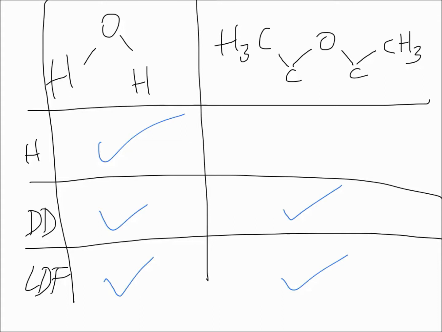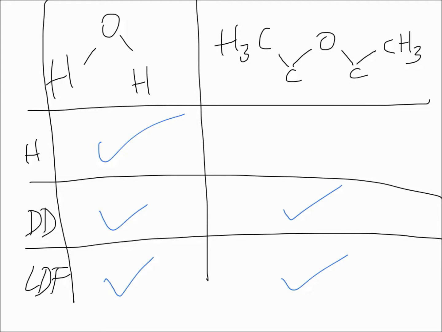Recalling what I mentioned before, strong intermolecular forces mean a higher boiling point. So out of these two compounds, water has stronger intermolecular forces, meaning it will have a higher boiling point. Diethyl ether, on the other hand, doesn't have such strong intermolecular forces, although the forces are still strong.